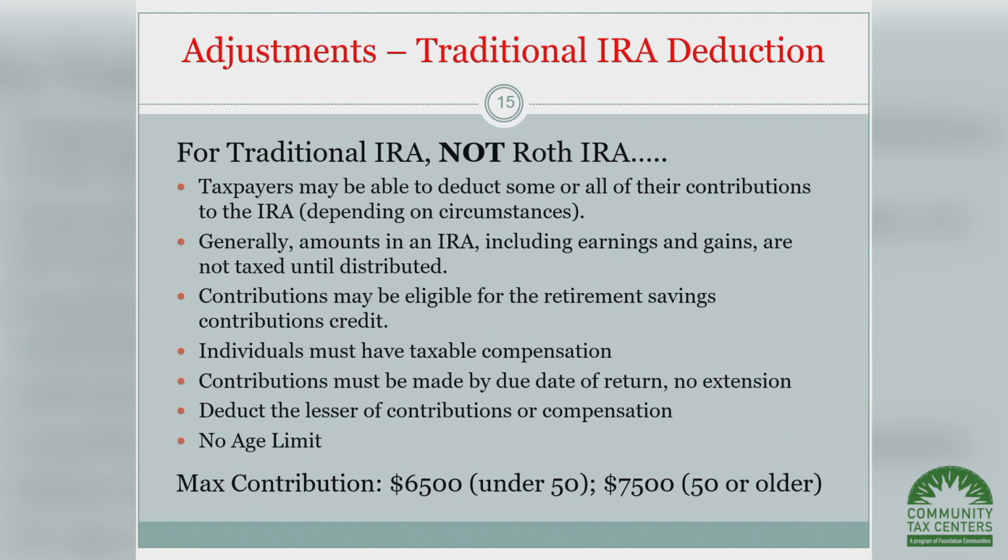And yes, generally, if a person has contributed to a retirement account through their employer, it'll be on the W-2. And it'll be like a code D, and it will show how much was contributed.